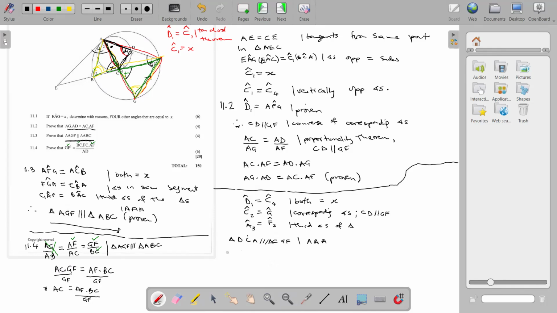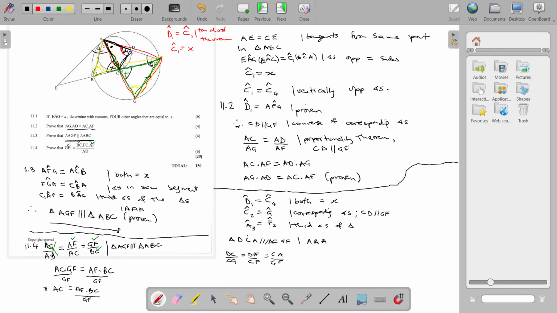So DC divided by CG must be equal to DA divided by CF, which is equal to CA divided by GF. We are coding them as 1, 2, 3, 1, 2, 3.